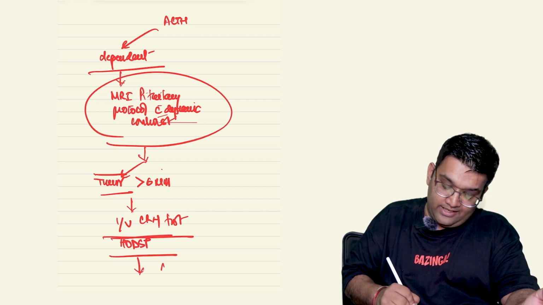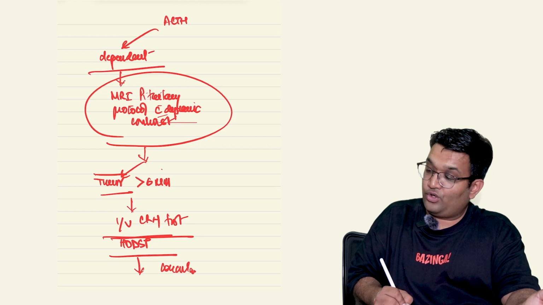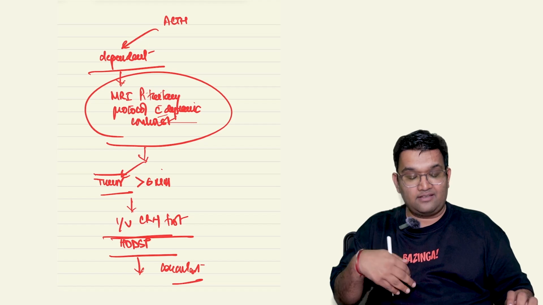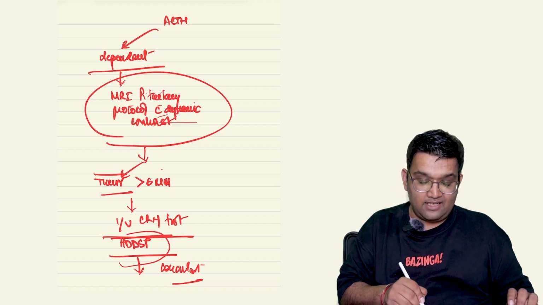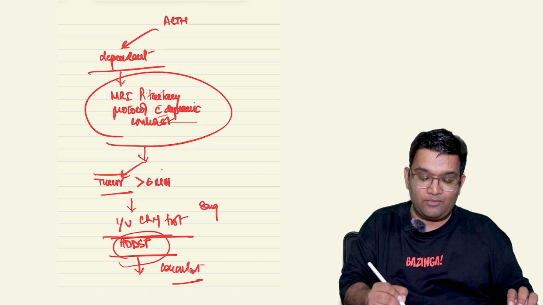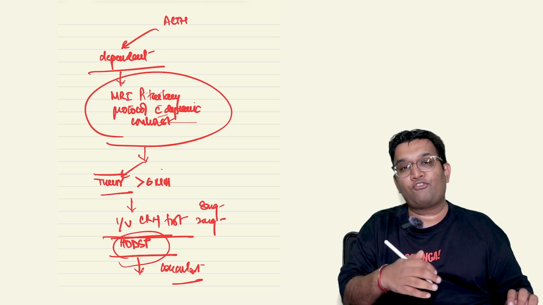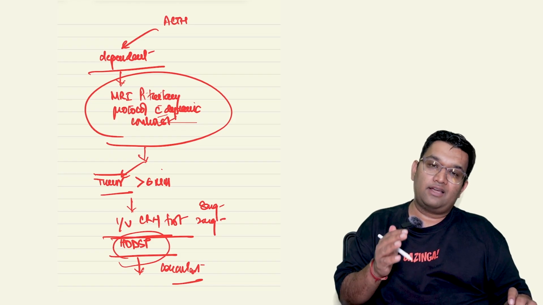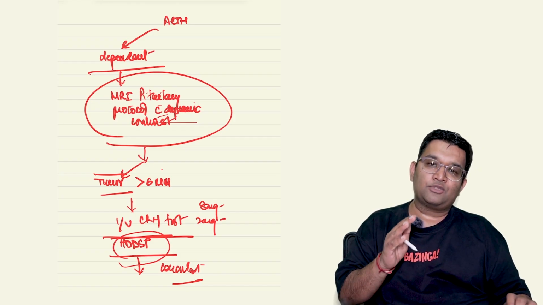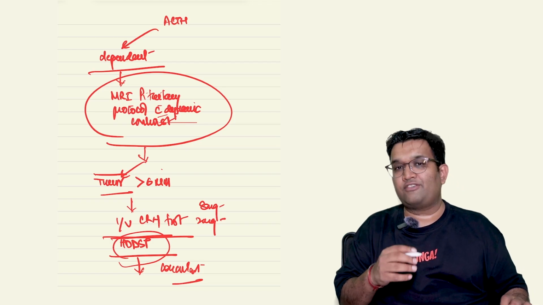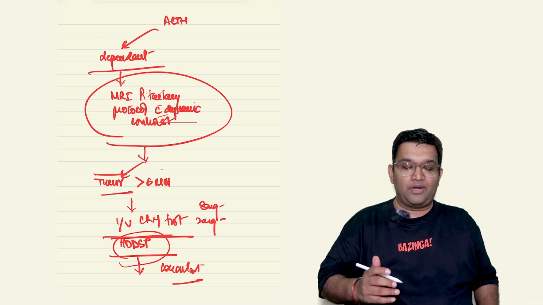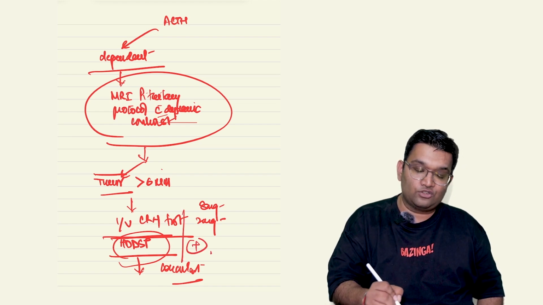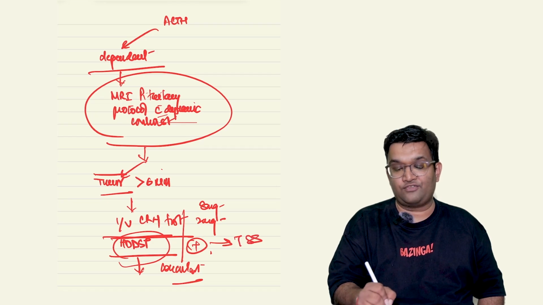If they are concordant, what do you mean by concordance? That after IV CRH test, things are going to get increased. DST, we are giving either 8 mg at 11 pm or 2 mg 6 hourly for 48 hours. And again the suppression is happening, that is it is getting suppressed to more than 50%. If that is happening, then we can see that all these things are concordant. So we directly go for the transsphenoidal surgery.